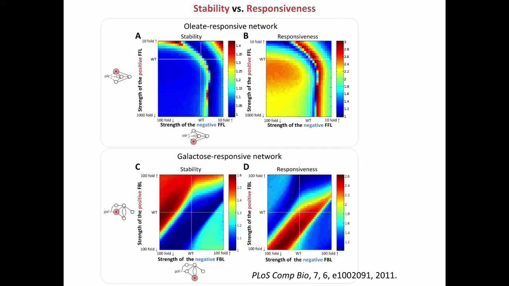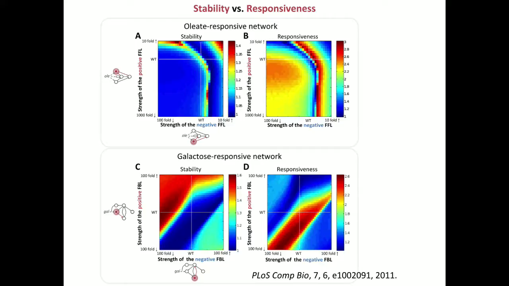If you deviate from the wild type, you start to move away from the wild type conditions, and you can see that the stability rapidly drops. In the oleate network, it seems that the system is poised at this edge of stability, almost like a Pareto optimal front of stability. As soon as you move away from it, you lose stability, and you also become hyper-responsive.